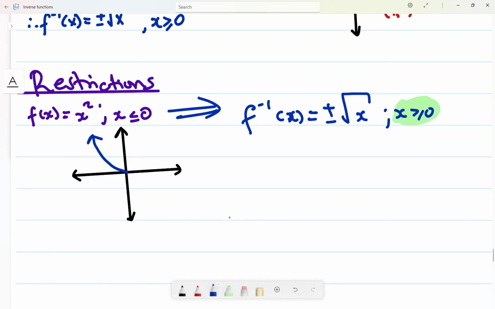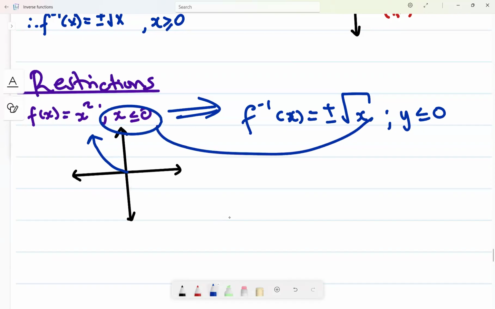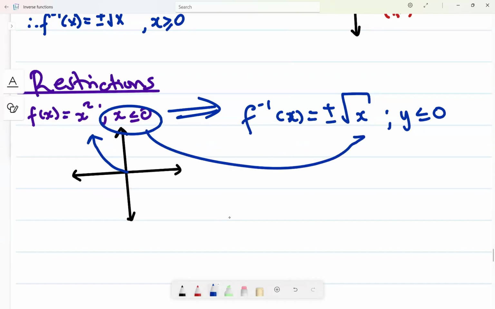So now this one is the inverse of f of x equals x squared. But now that I have x less than 0, it means I need my y to be less than or equal to 0. Remember, whatever you have here, you need to translate there in terms of y.